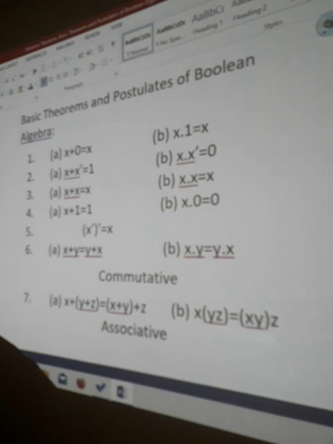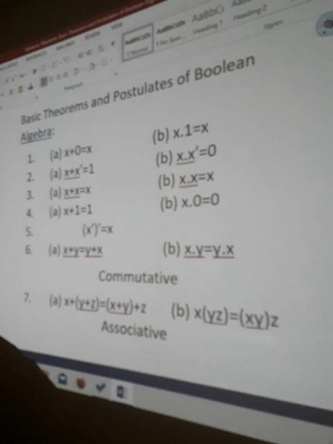So we have 0 + 1 = 1 because there is an OR operation between x and x'. Similarly, its b part is x · x' = 0. Now if x is 0 state, then definitely x' is 1 state and 0 · 1 will be equal to 0 because there is an AND operation.